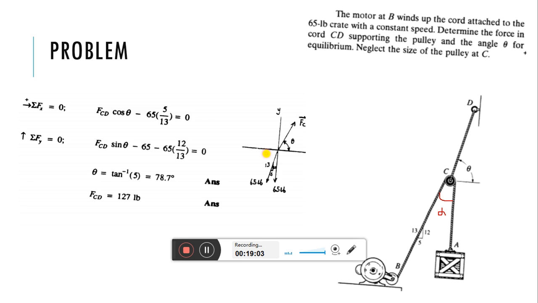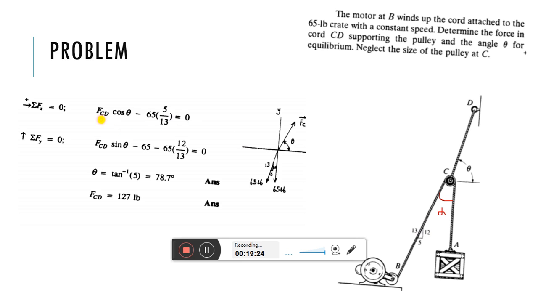Now what is the value of sin alpha? From this triangle we can say sin alpha is height divided by hypotenuse, so 5 by 13.